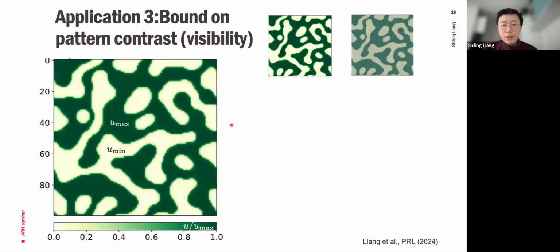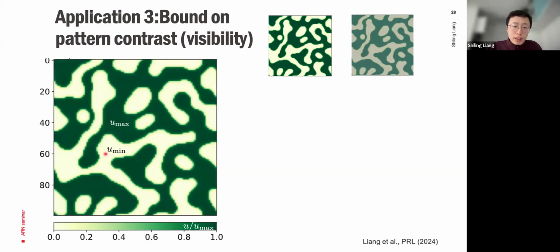And the final example is about the thermodynamic bounds on pattern formation. In a reaction diffusion system, the nonlinear reaction and some unbalanced diffusion of different species can trigger patterns in space, which is called the Turing pattern. One feature of the pattern is that along the pattern, the concentration of the species is not constant.